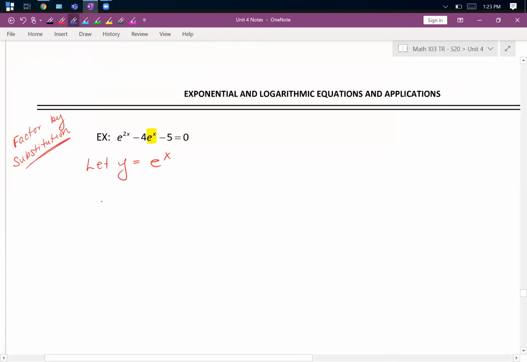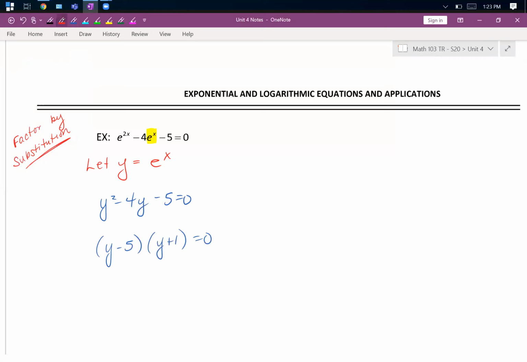This will give us the equation y squared minus 4y minus 5 equals 0. And that certainly factors nicely for us. This turns into y minus 5 times y plus 1 equals 0.